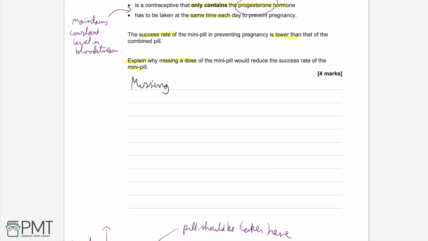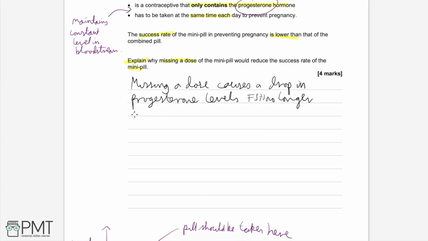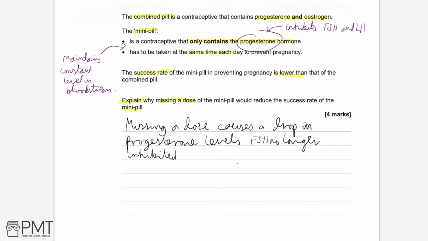So let's write this into an answer. Missing a dose causes a drop in the levels of progesterone in the blood. FSH is no longer inhibited. This drop means that LH is also no longer inhibited. Finally, we need to discuss what this will cause to happen.